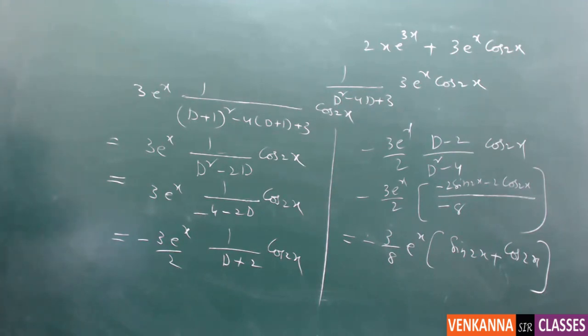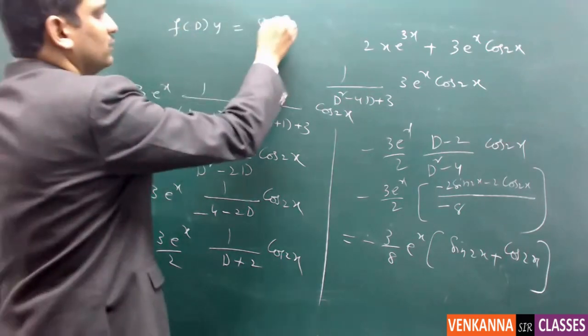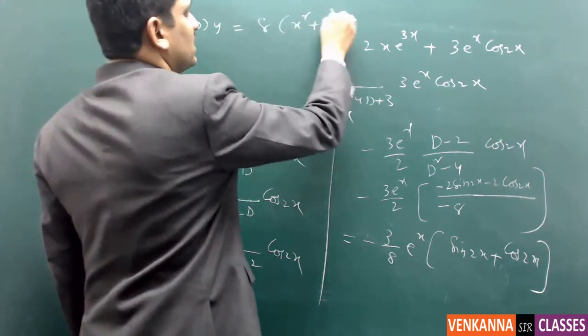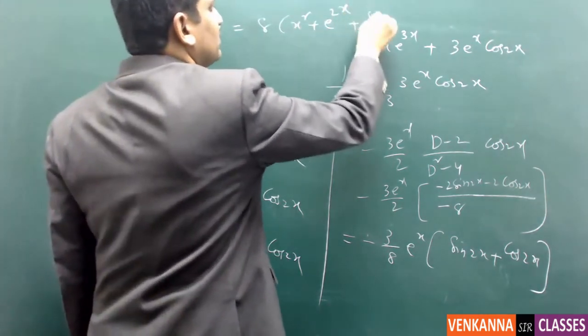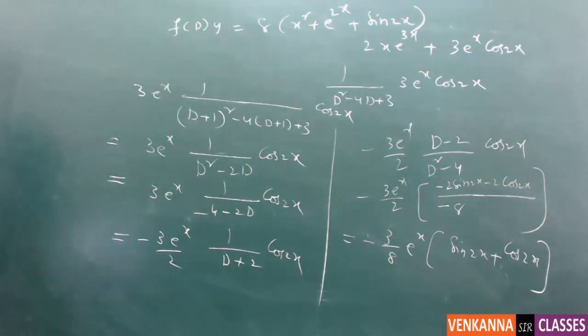So let me give a simple idea. If I have given a problem that f of D into y is equal to 8 into x square plus e power 2x plus sine 2x, now tell me what you are going to do for that problem.